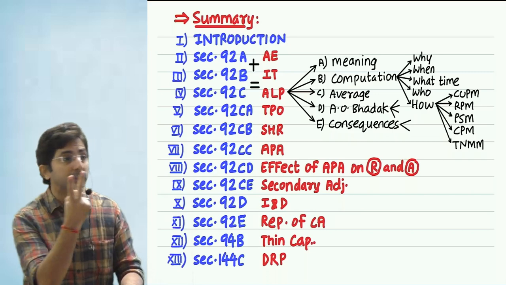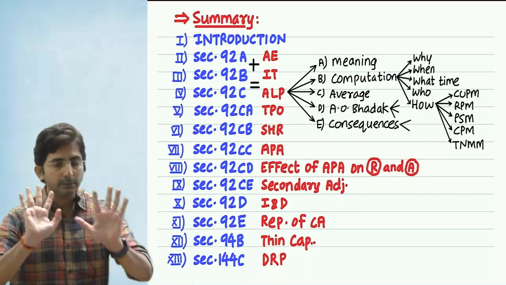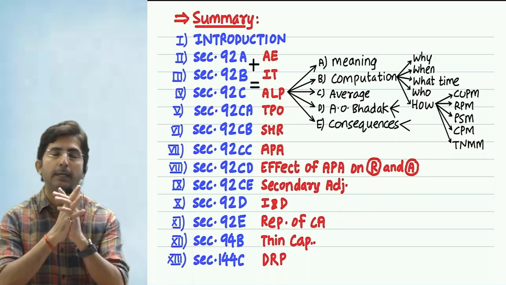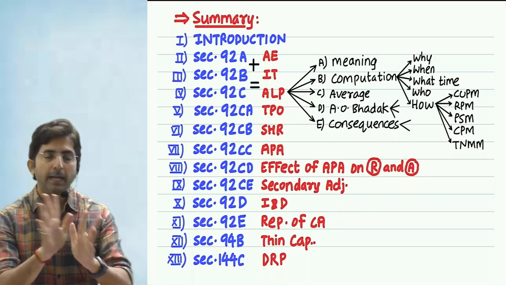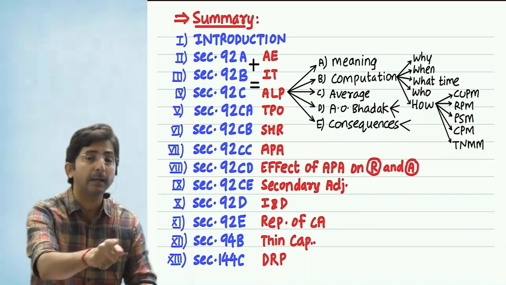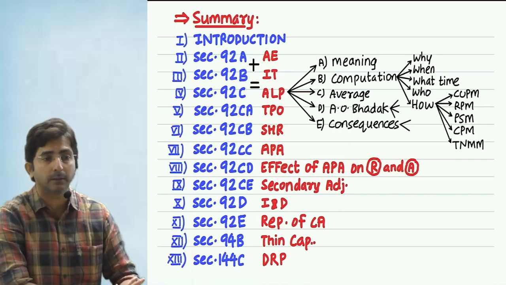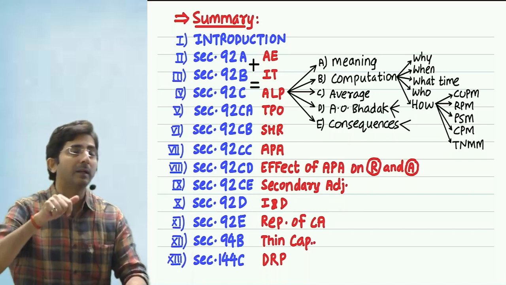Plus there are two severe consequences. So it is better that you don't make the AO angry. If you don't want him to get angry, please compute the ALP on your own, that too as per the most appropriate method. And if you don't do that, AO will get angry.